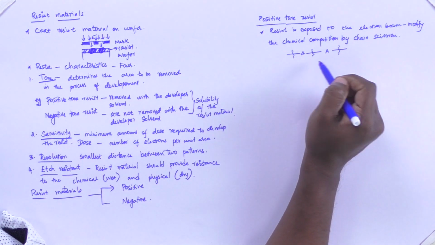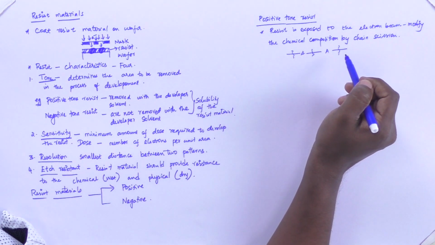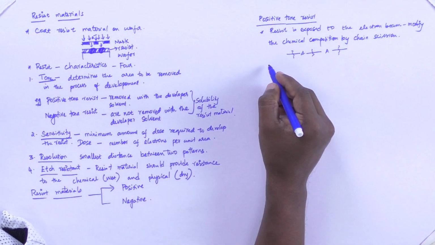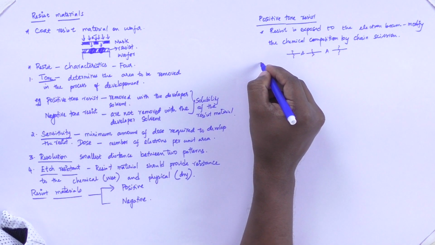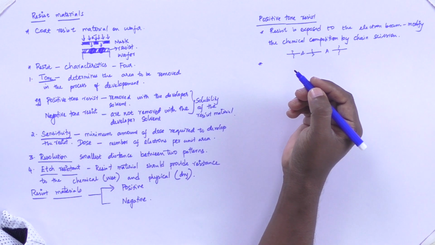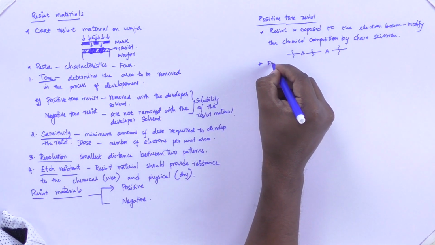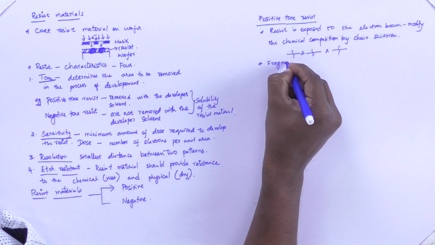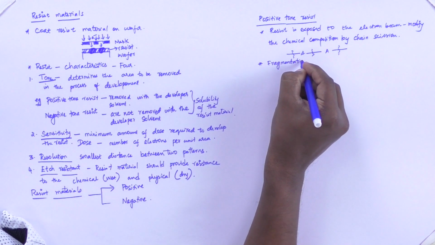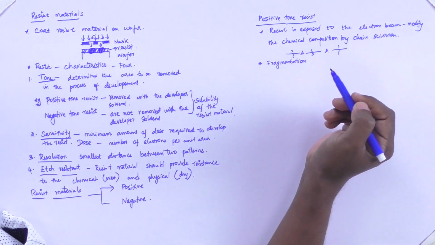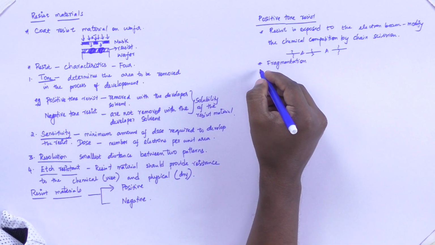As a result, this bigger molecule is broken down into small molecules so that it can be removed by increasing its solubility. So this is nothing but fragmentation, which is another term we can call for chain scission.